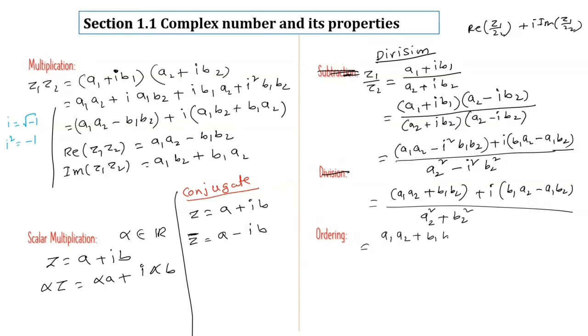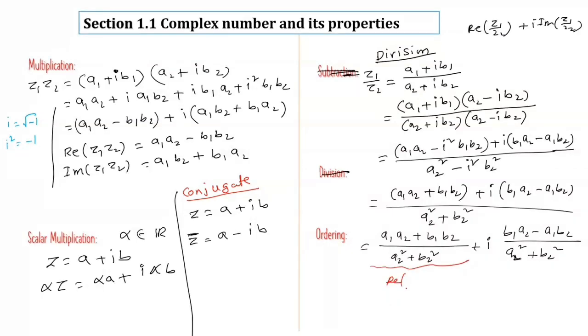So therefore we can separate the real part as a1 a2 plus b1 b2 over a2 square plus b2 square plus iota b1 a2 minus a1 b2 over a2 square plus b2 square. Clearly now the expression is in the standard complex number system. So the first part is real of z1 over z2, and the second part with iota is imaginary of z1 over z2.